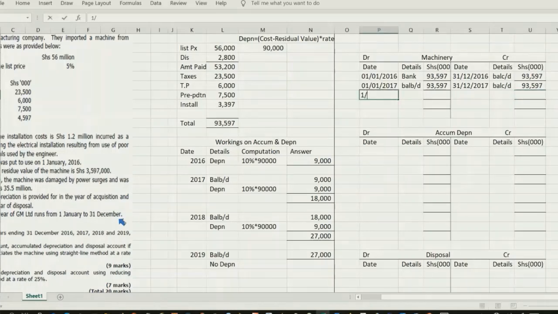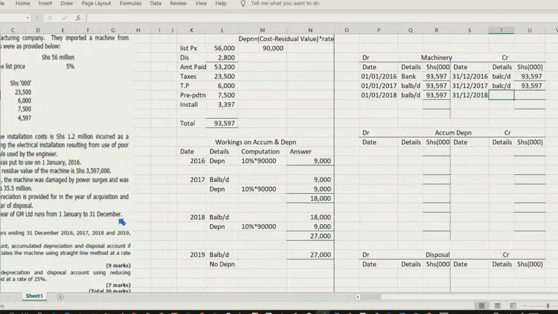And our opening at the start of 2018, and our closing at the end of the financial year. Why? Because there are no additionals, neither any disposals as yet.